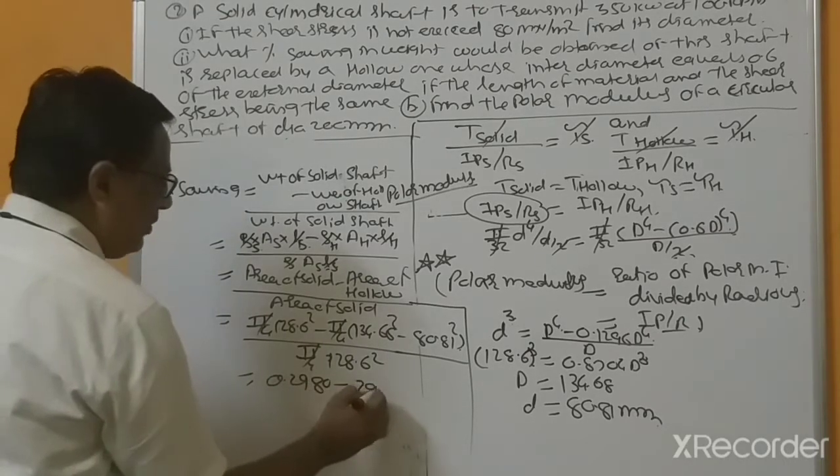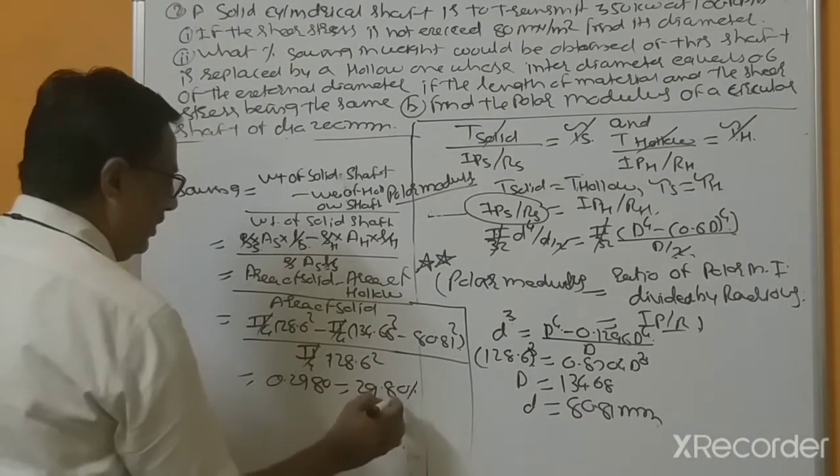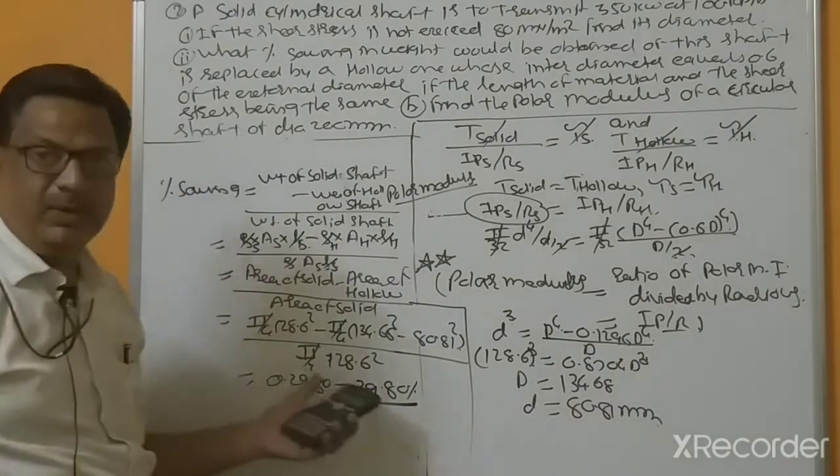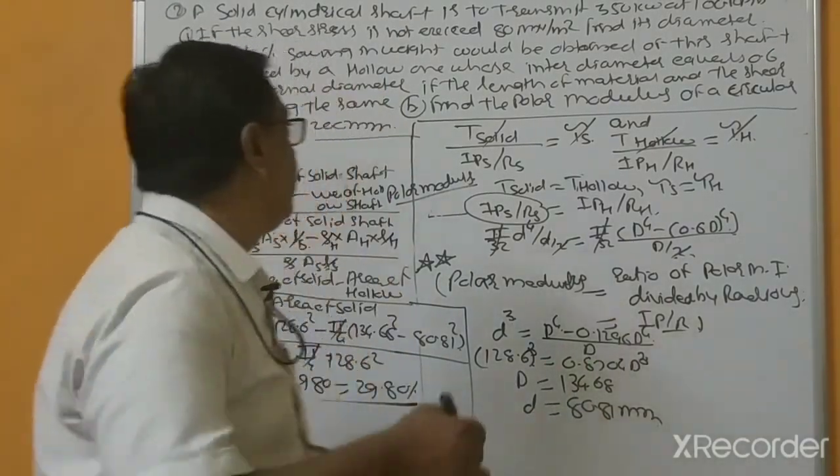So percentage of the saving equal to, directly you can write, this is 29.80.